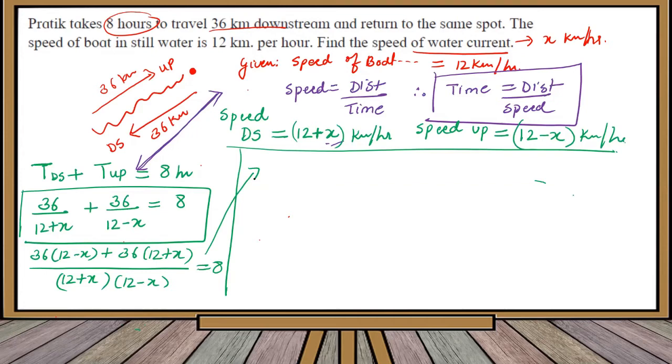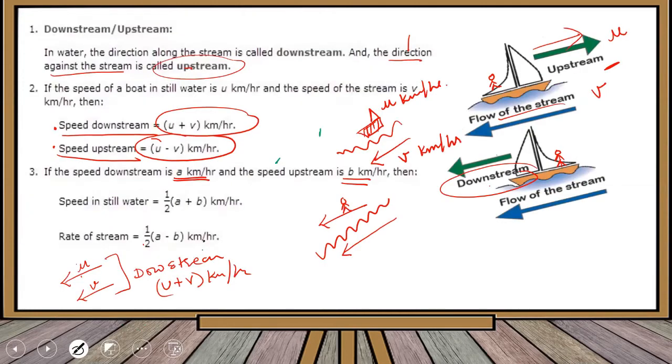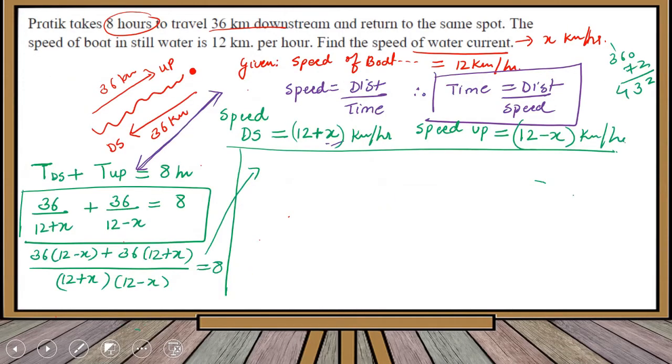As far as the numerator is concerned, 36 into 12 is 360 plus 72, which is 432. So it is 432 minus 36x plus 36x plus 432, whole upon 12 square, so 144 minus x square, equal to 8.